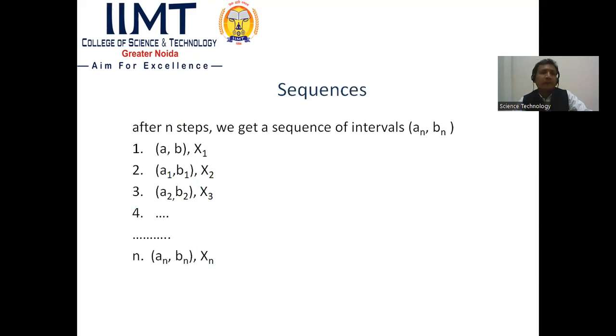This way, when we repeat this process repeatedly n times, after n steps, we will get a sequence of intervals. I have written in 1, 2, 3, 4 and in n. Lastly, we will get a very small interval a_n and b_n.